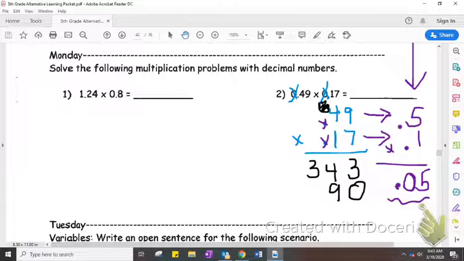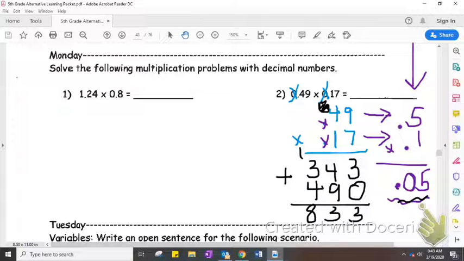And I don't want to confuse myself with that 6 up there. 1 times 4 is 4. Now I need to add these together. 833. Okay, so now that I have 833, I need my answer to be somewhat close to 5 hundredths.